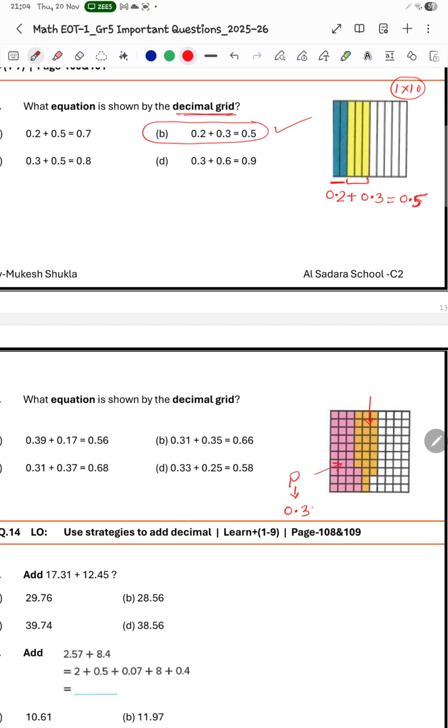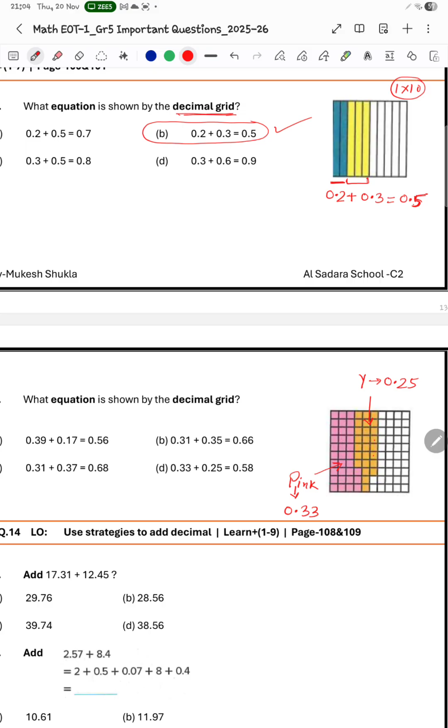So 0.33 for pink. And for yellow, how many? 1, 2, 3, 4, 5, 6, 7 plus 10, 17. Then 18, 19, 20, 21, 22, 23, 24, 25. So yellow has 25 boxes.